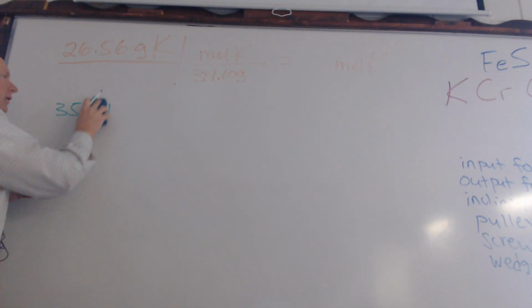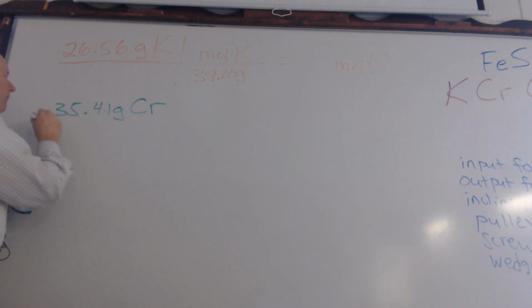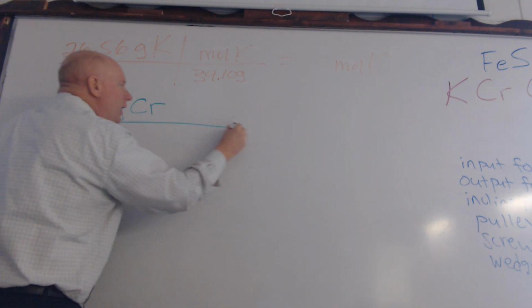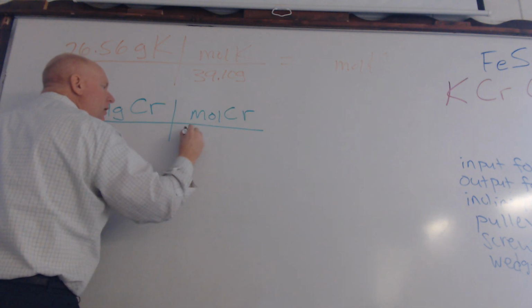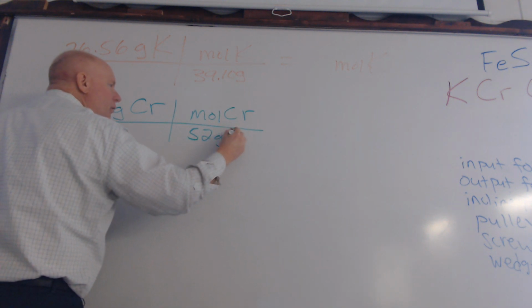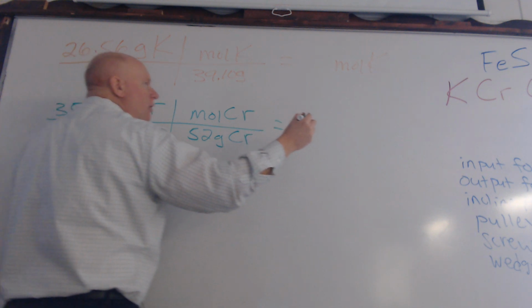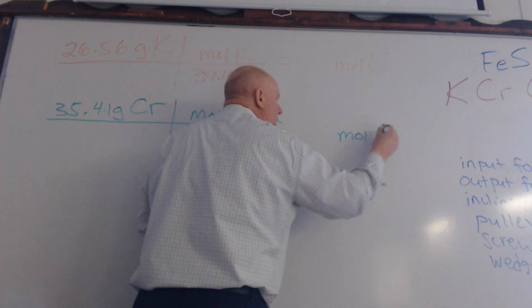Okay. Again, grams of chromium. So we're a little ahead of ourselves, which is fine. For every mole of chromium, there's 52 grams of chromium. And then that gives you your amount in moles of chromium.